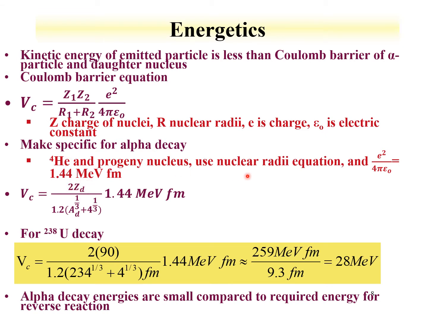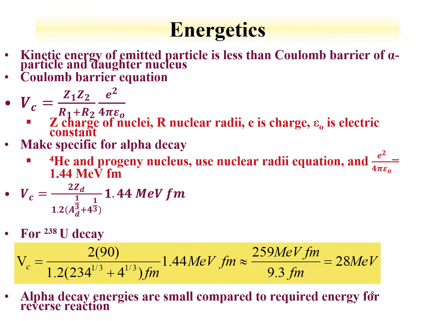We use the equation for determining nuclear radii, where we use R sub naught as 1.2. So it's A of the daughter to 1/3 plus the A of the alpha particle to 1/3. And this is all multiplied by 1.44 MeV Fermi, which is a collection of the constants, where a Fermi is 1 femtometer.